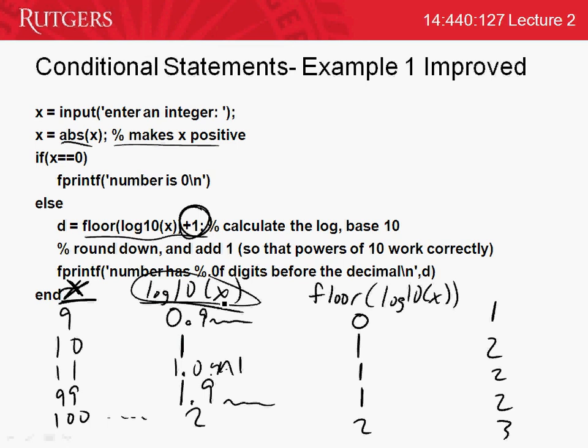And thus, the powers of 10 are your first 2, 3, 4, 5, 6, 7, etc. digit numbers. So this is basically a tricky way, thinking about how log 10 is defined, to count the number of digits. And of course, this doesn't implement any kind of error checking. A better program would have done something like that.